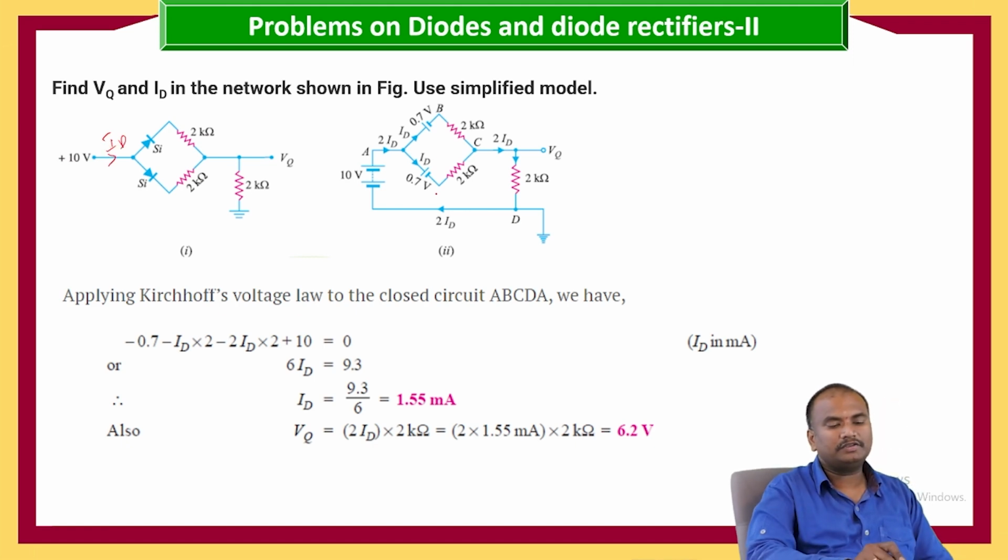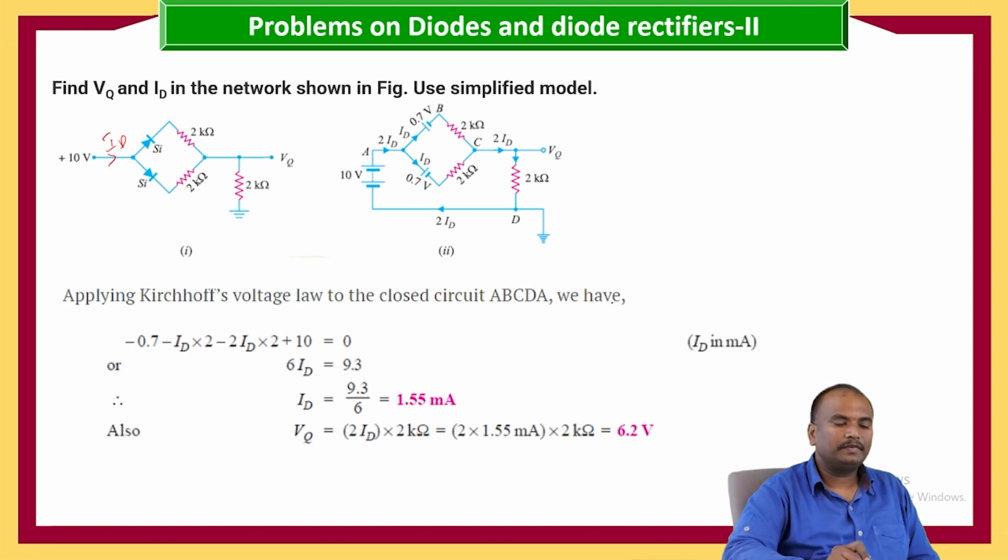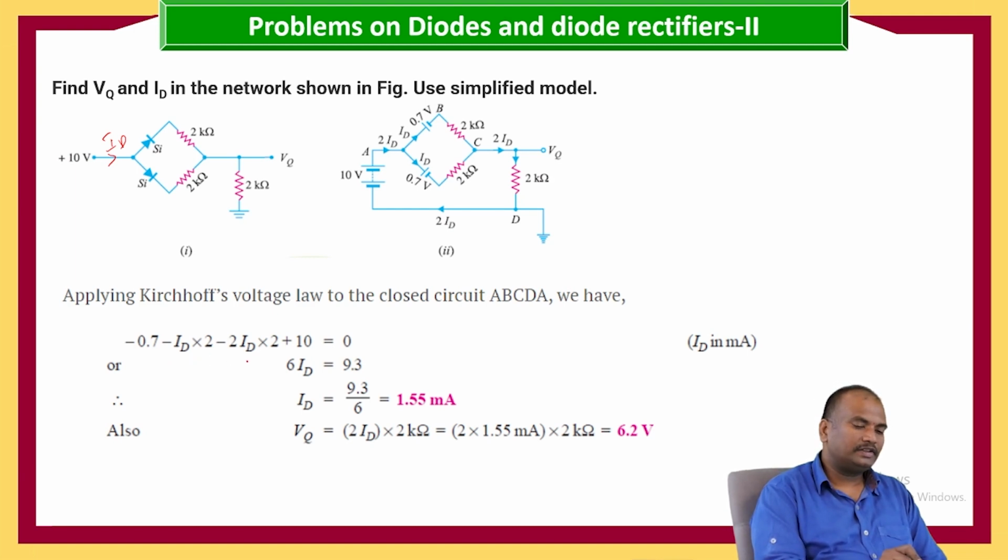Here, by applying Kirchhoff's law to the closed circuit ABCD, we get minus 0.7 minus ID into 2 minus 2 into ID plus 10 equals 0.